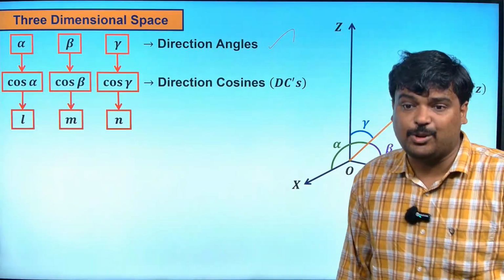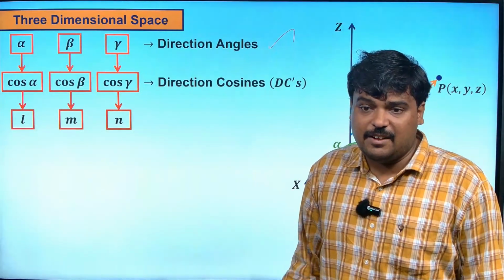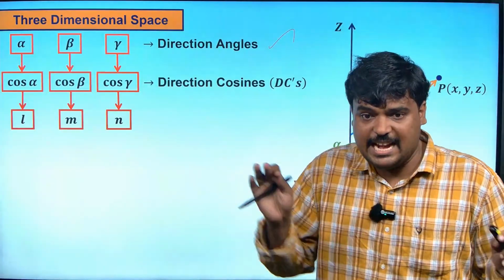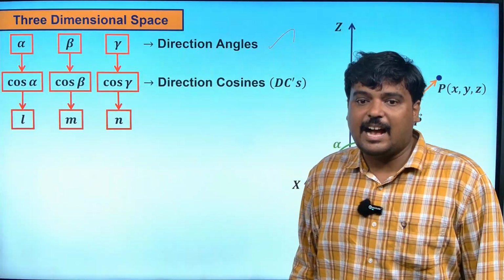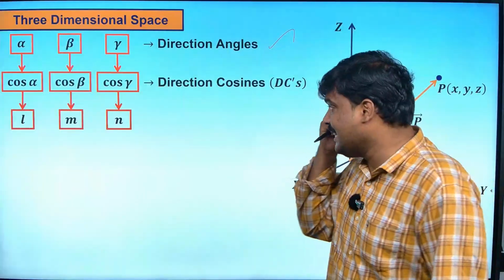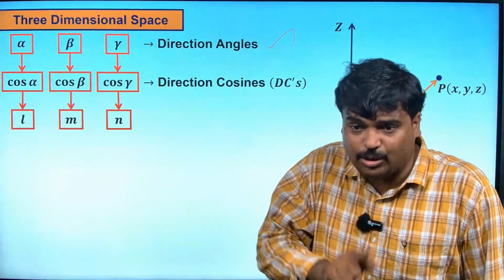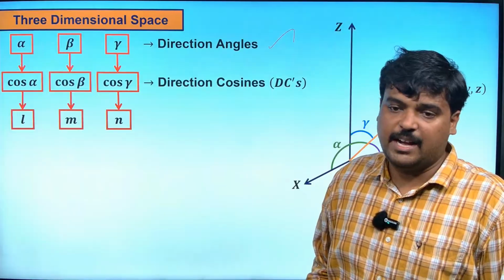Okay. Now this direction cosine will be expressed as LMN. நான் LMN கொடுத்தா நான் L வந்து direction cosine சொல்ல மாட்டேன். L ன்னு கொடுத்தா அது என்னதுதான்? cos alpha. M ன்னு கொடுத்தா அது என்னதுதான்? cos beta. N ன்னு கொடுத்தா அது என்னதுதான்? cos gamma. புரியுதா?